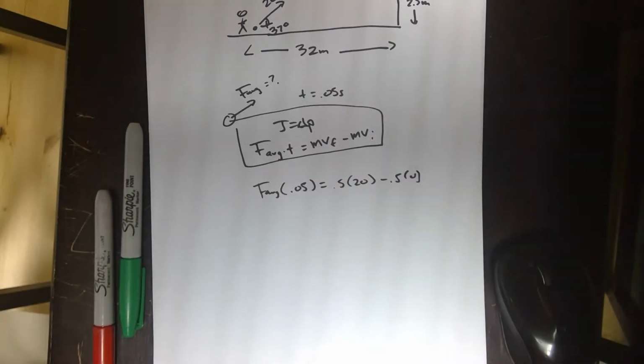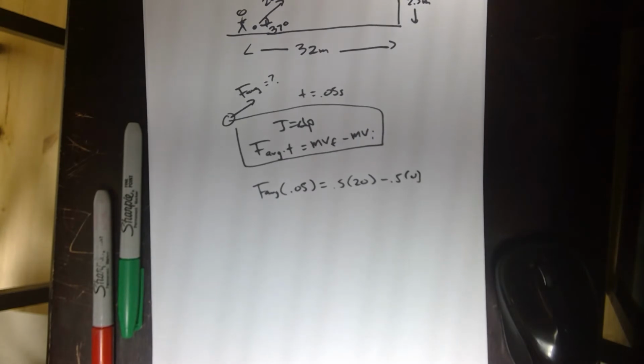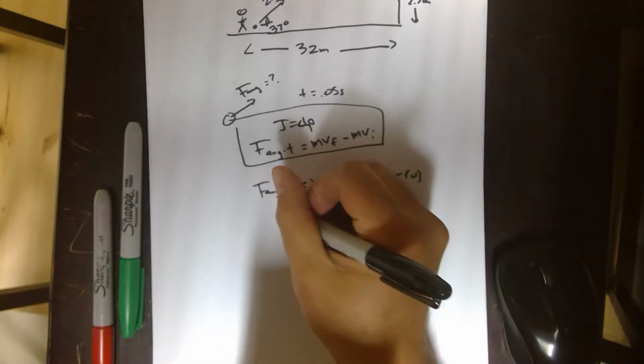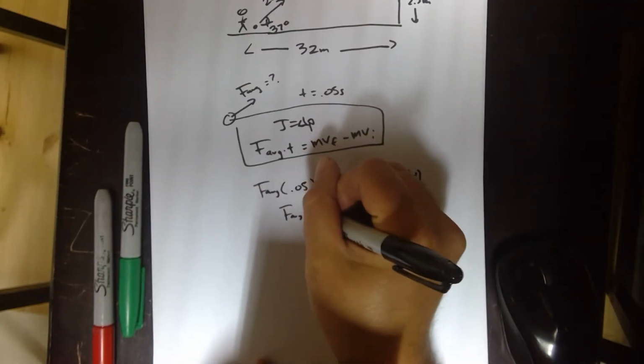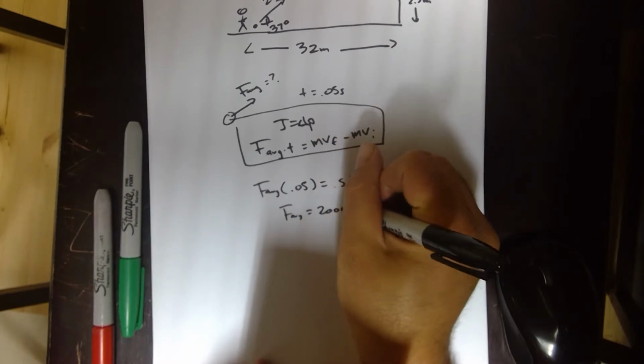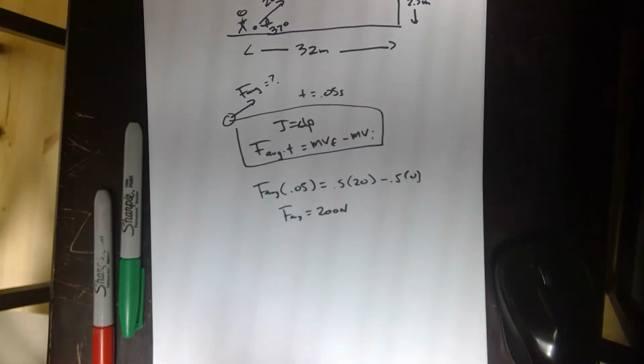So there's our math there, and we can get our answer pretty quickly. You're going to find more often than not the numbers are pretty easy to work with on this test, so that shouldn't really be hindering anybody. What I get is an average force of 200 newtons. That's what's going to get the ball from rest to that speed, 20 meters per second.